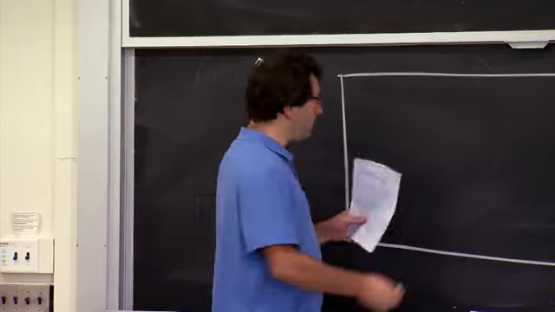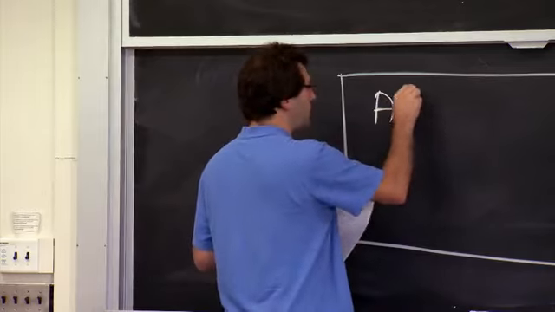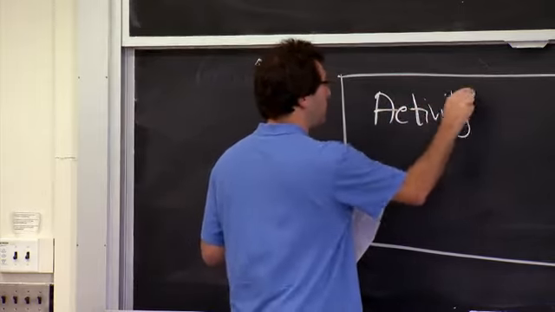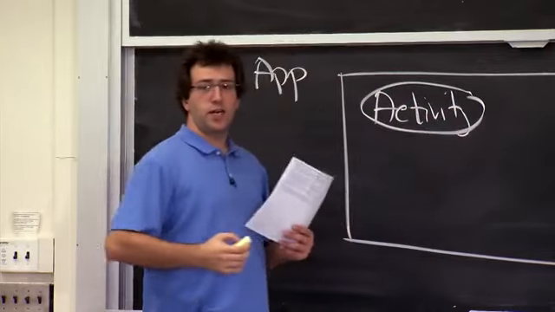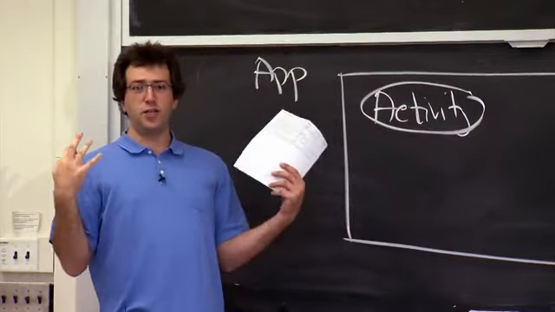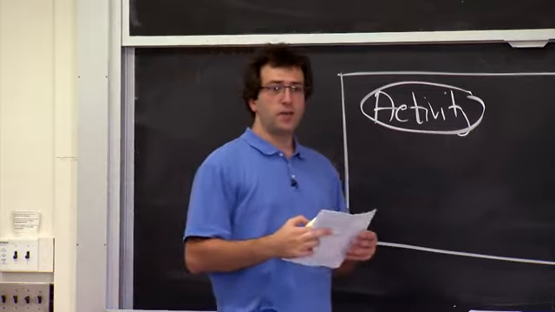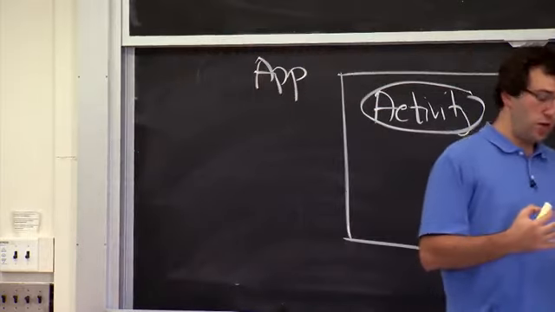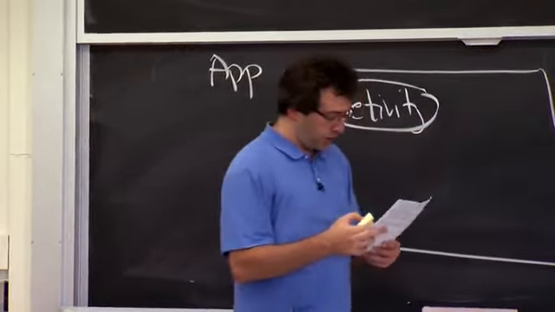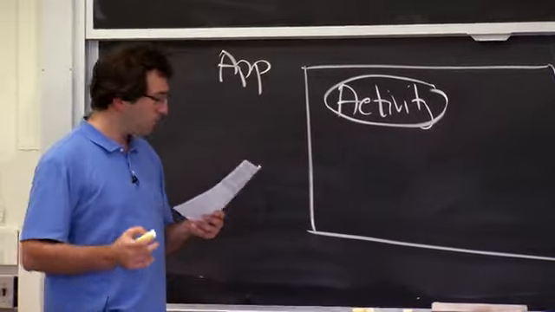There's something called an activity. This is just a thing that has a user interface. These are things that display things to the user or take user input, touches, key presses, et cetera.